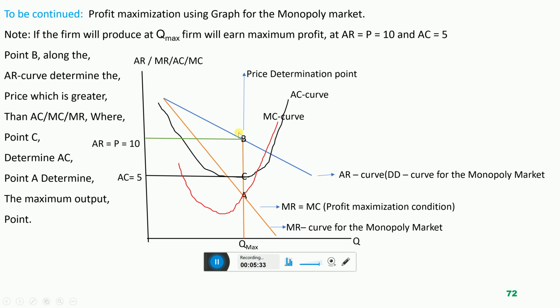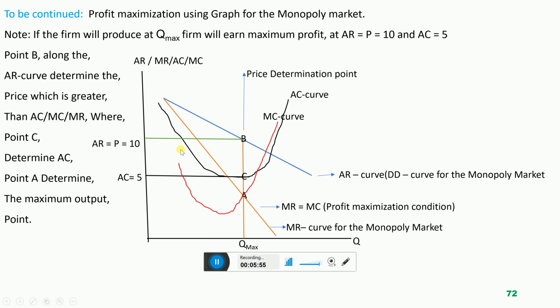This blue line, which is negatively sloped, is the average revenue curve or demand curve for the monopoly market, which is negatively sloped. Why? We will discuss. This orange negatively sloped line is the marginal revenue line, which is less than average revenue.